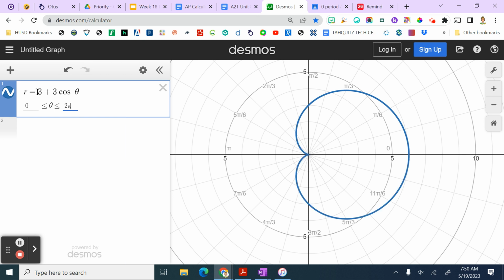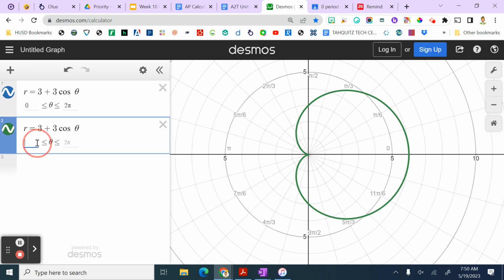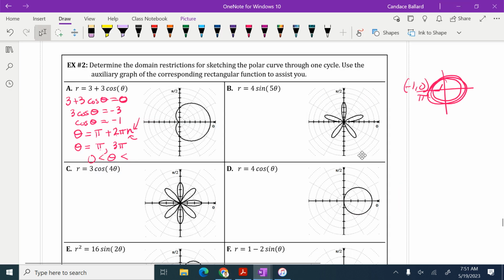I would copy it and paste it and see what happens if I go 3 pi to 4 pi. See how it only graphs this chunk of it, but it's overlapping what we already had, right? So I know this domain has to be 0 to 2 pi because that makes the shape go around one time. All right. So I know I'm going to go 0 to 2 pi.